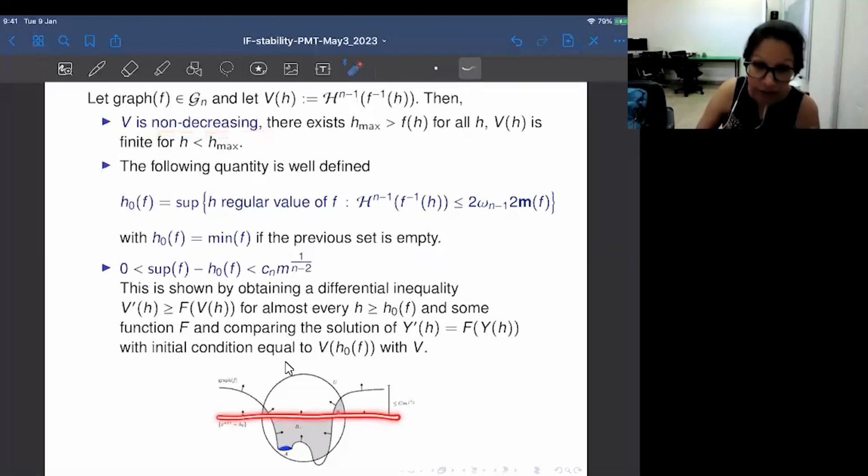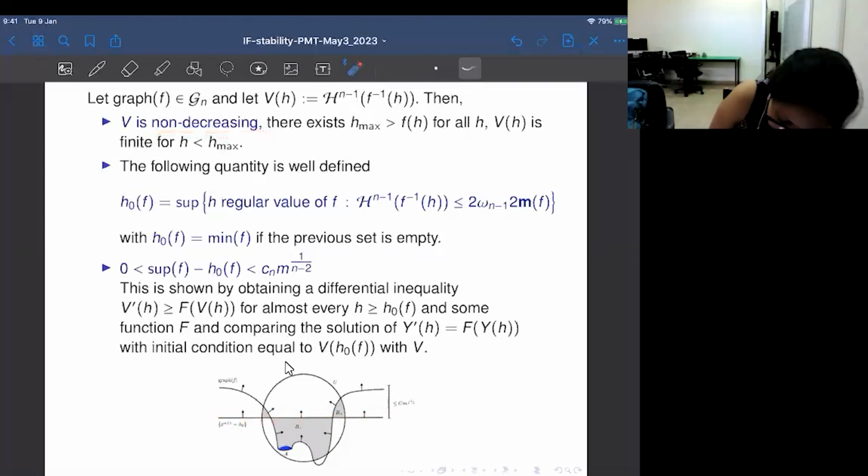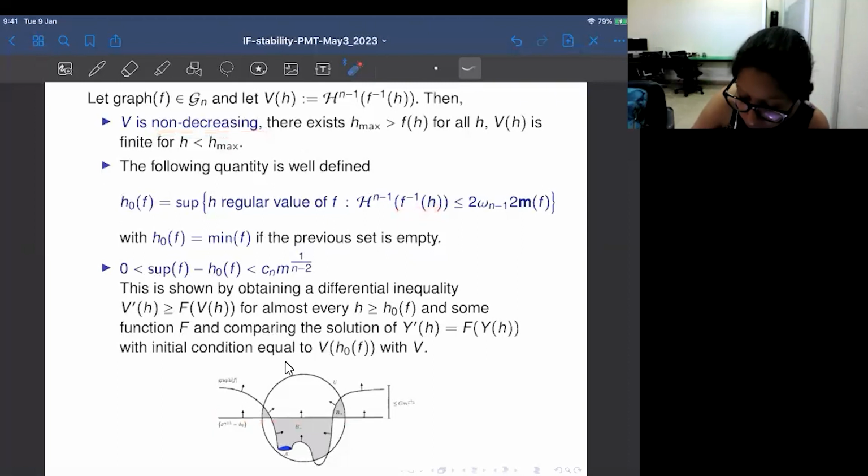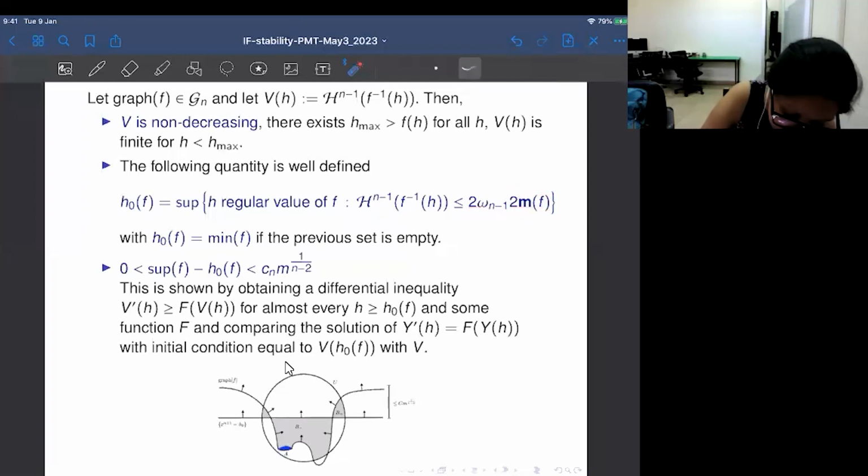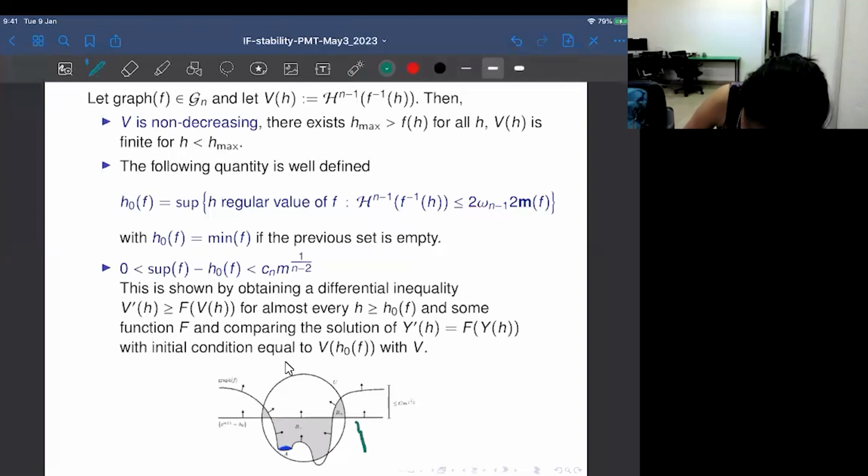And such that below this height H0, all our level sets are going to have a small volume in comparison to the mass of our graph. Okay, so volume is going to be very small here for all level sets.